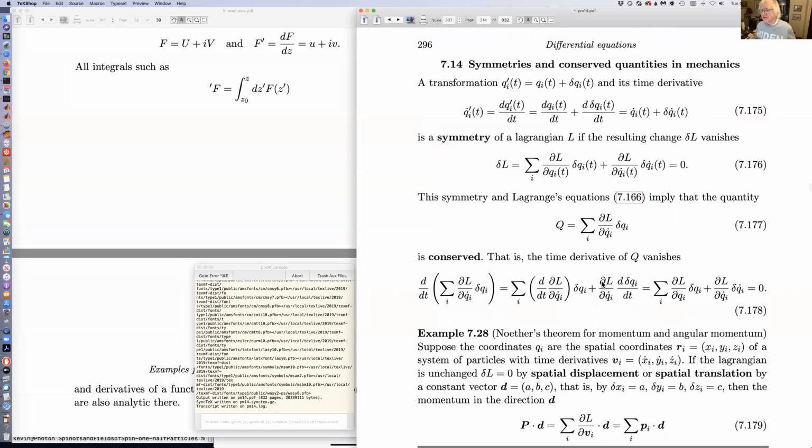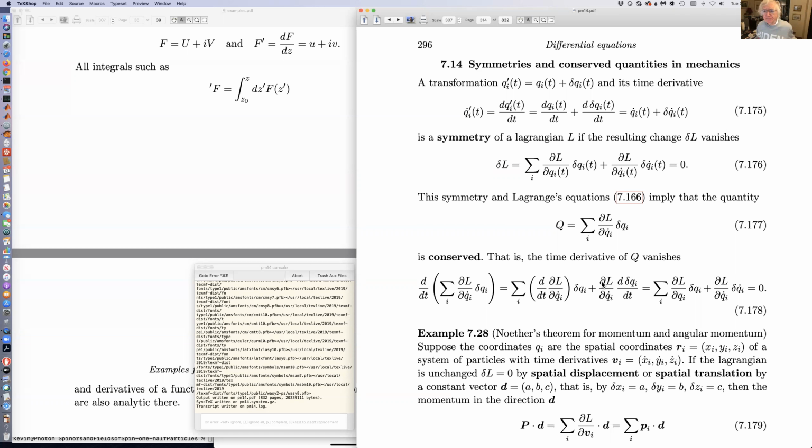Okay, so now the next topic is the relationship between symmetries and conserved quantities. So as I said earlier, symmetries make problems much easier to solve and to understand and to visualize. They have another benefit, which is that symmetries lead to conserved quantities.